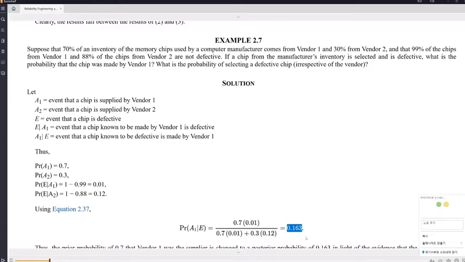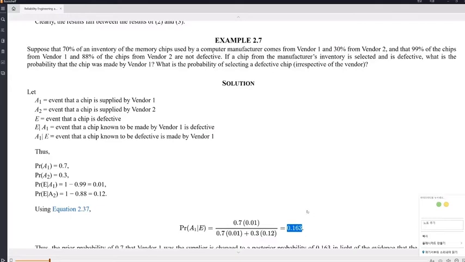So we had this new information: the chip was defective. And that information can be used to update our belief, or our probability distribution, that the chip came from vendor 1.